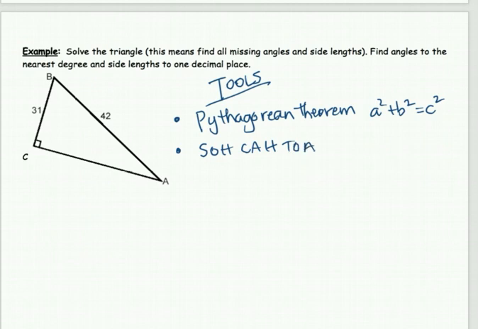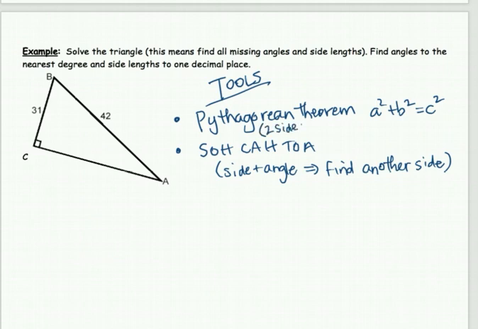Basically if you have two sides, you can find the third side with Pythagoras.